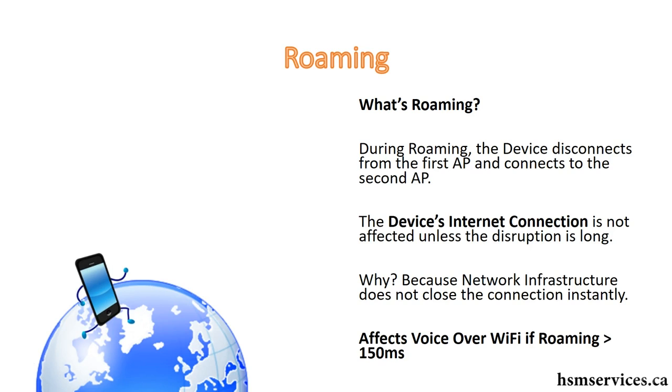It doesn't necessarily close a connection unless one party doesn't hear back from the other party for a long period of time. On a phone line, it's much worse though. So you need to have a roaming period that's less than 150 milliseconds, which is doable.